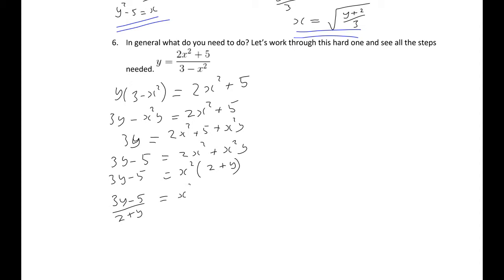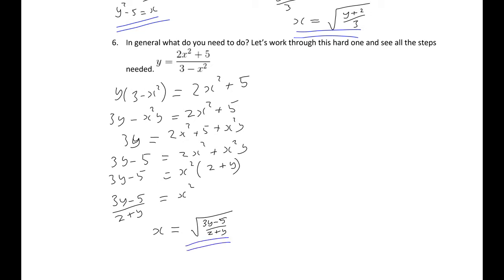So we have successfully got to x squared, and from x squared, the step to get to x is to square root both sides. So x equals the square root of 3y minus 5 over 2 plus y. And there we go.